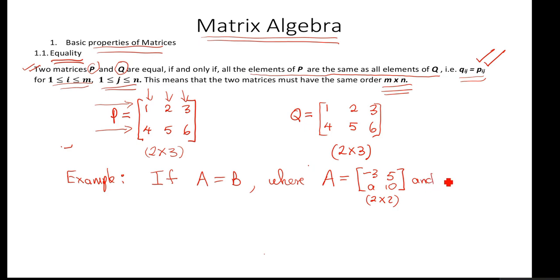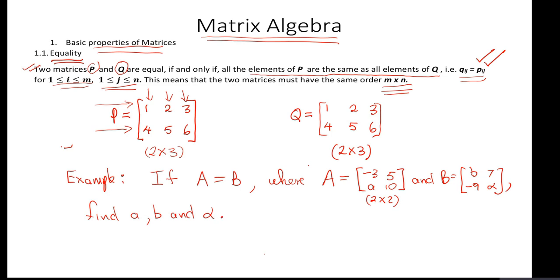And I have a matrix B, where this is B, 7, -9, and alpha. Find a, b, and alpha.